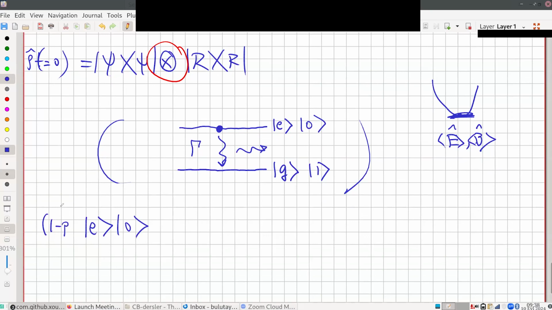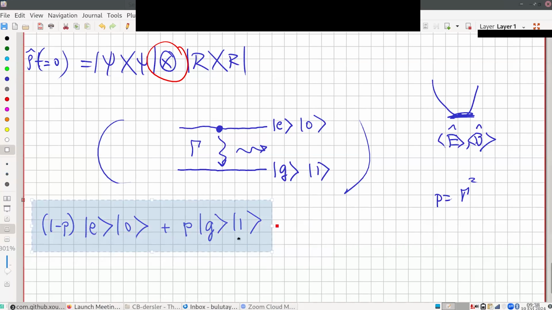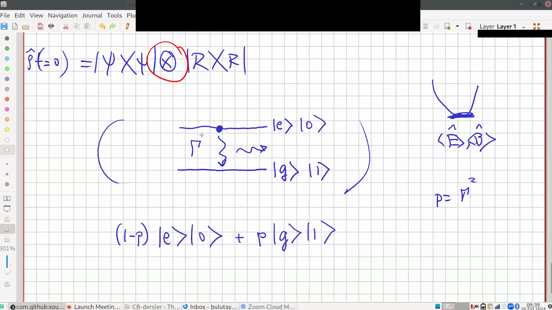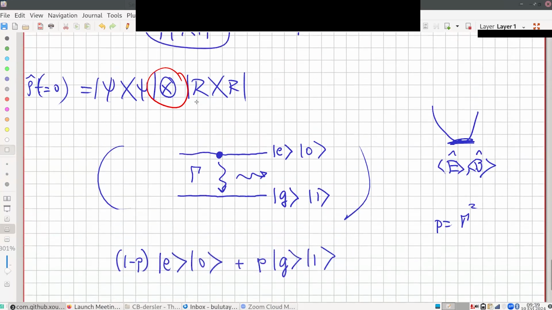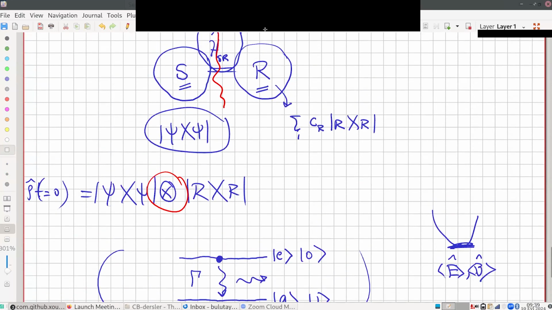Okay, so probability is gamma squared, plus, so this is the probability of no decay. And there's a probability of decay of your electron in the ground state, and one photon has left the system. So this is now because of this interaction, spontaneous emission. That spontaneous emission is this coupling.